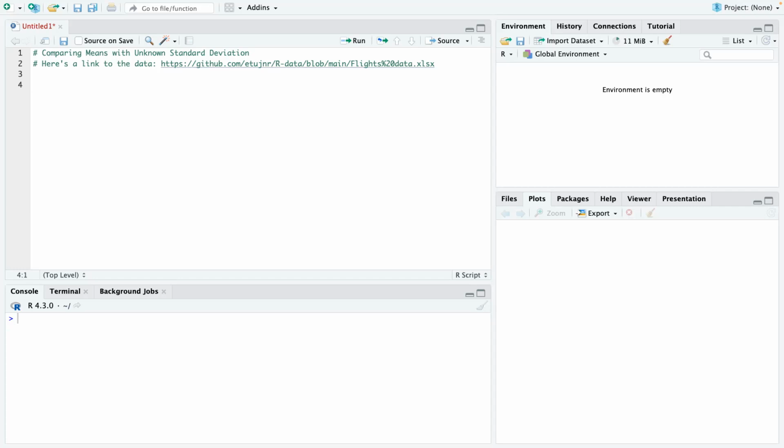So the first thing we want to do is install the packages and load the library, right? But if you have installed the package before on your computer, you do not need to install it again, right? So basically skip, I think it would be line number 5.